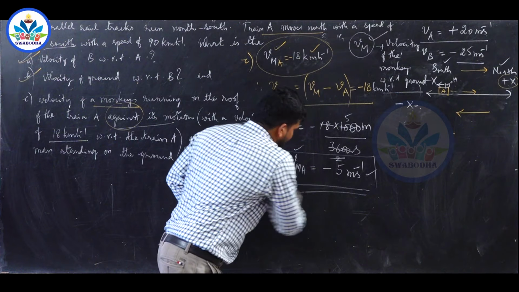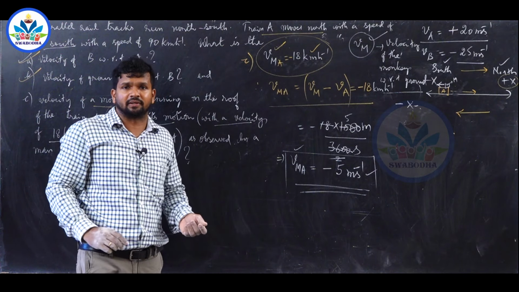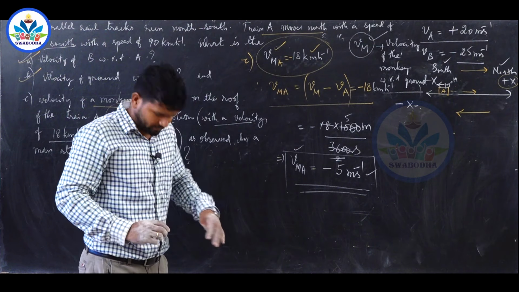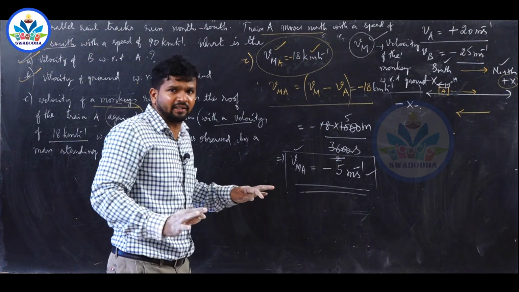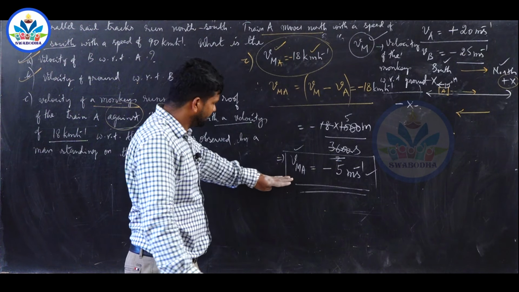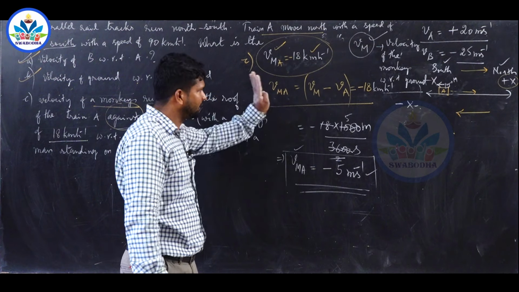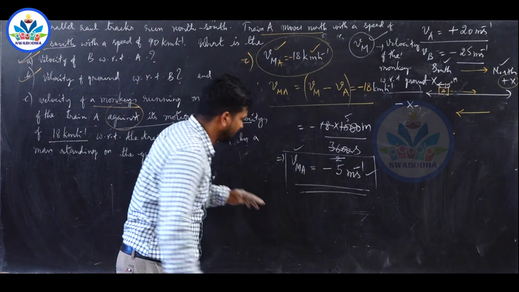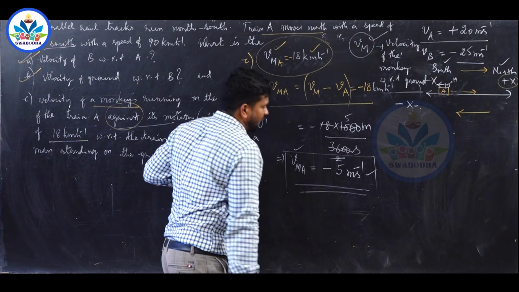It is advisable to convert the quantities into the SI system. We usually teach that in the beginning stage. At a later stage, no problem, you will be very smart. But at the initial stage, try to follow the steps. Convert kilometer per hour into meter per second. Vma equals minus 5 meter per second.